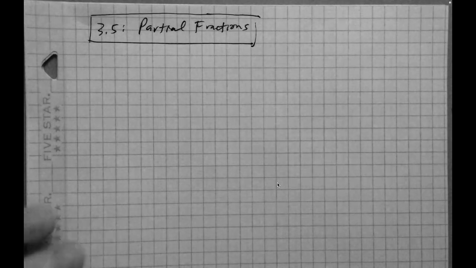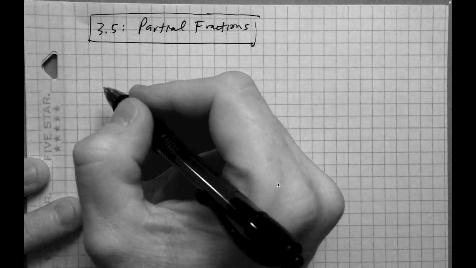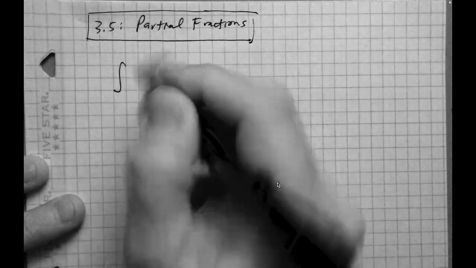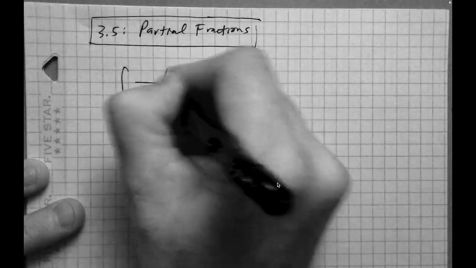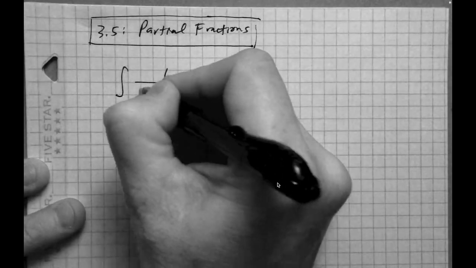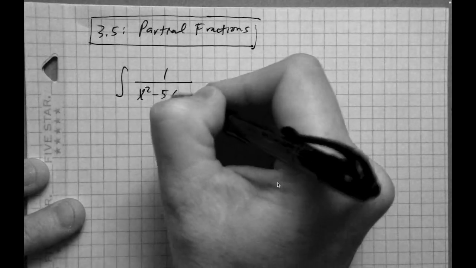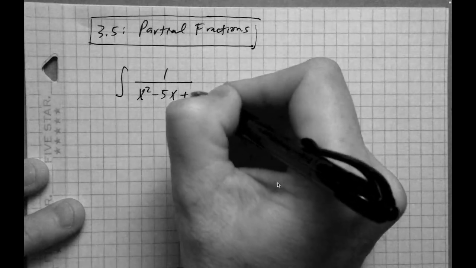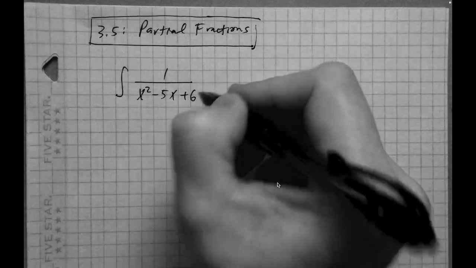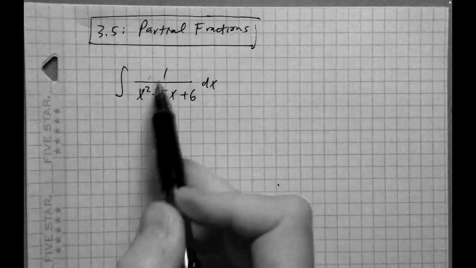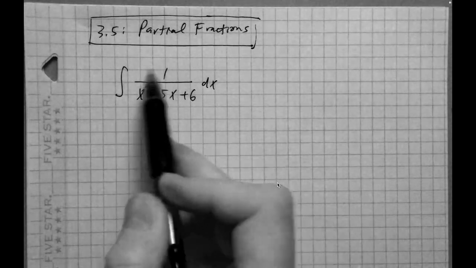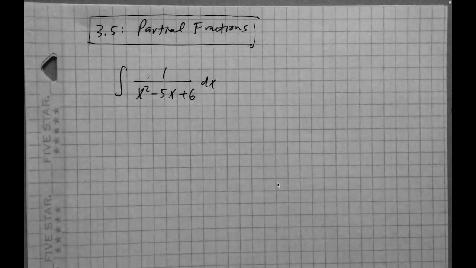All right, but the basic idea here is to take an integral that looks something like this. This is just one example. Something that has a denominator that is some kind of a polynomial. And it could be a rational function with a numerator that's also a polynomial other than just the constant 1.